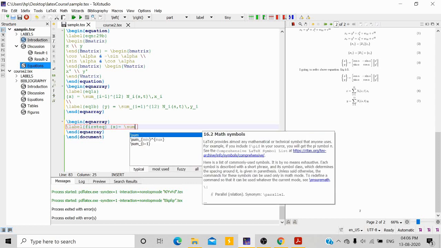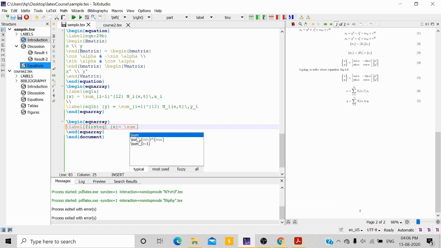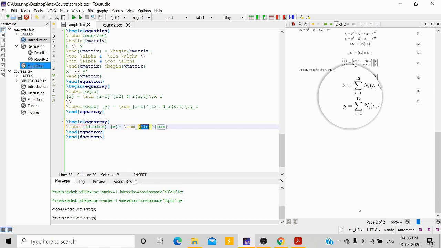Backslash sum. Okay, you see, when you put only sum, only the symbol will come, but if you want to put the upper and lower limit, the maximum value, you have to select this. So the below one is how much? I is equal to 1. So I'll put I is equal to 1 here, and the above value is 12. So I'll put here 12.